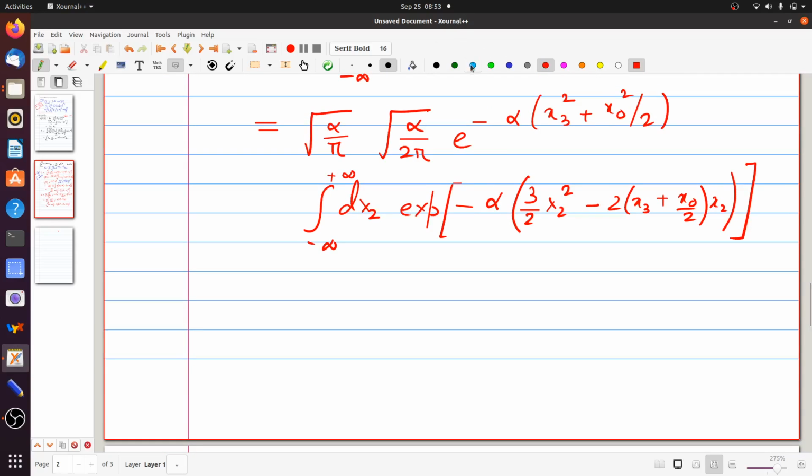Just to point out, we once again have the standard Gaussian form, A now being given by 3 by 2 alpha and B being given by twice (x3 plus x0 by 2) alpha. So it's pretty straightforward to calculate the integral now. First, the constants that were outside.